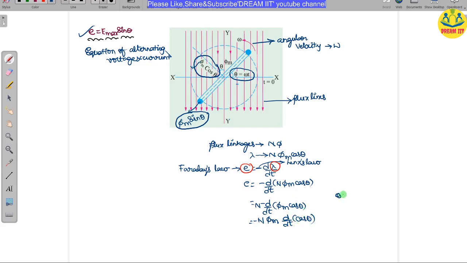And theta equals omega t, so substituting that, E equals minus N phi m d by dt of cos omega t.